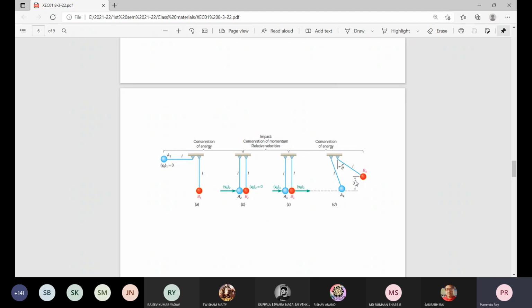And when we are asked to find the final height that sphere B, this red sphere, can attain, there we utilize the conservation of energy. So not necessarily do we need to use the integral of F dt from t1 to t2 equal to m v2 minus m v1 in that rigid manner. The problem may be like this also.